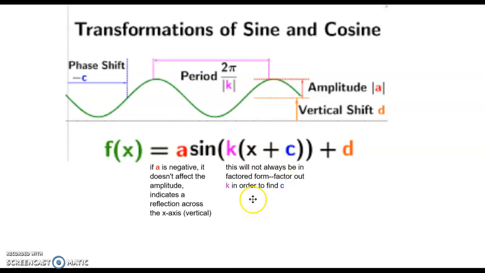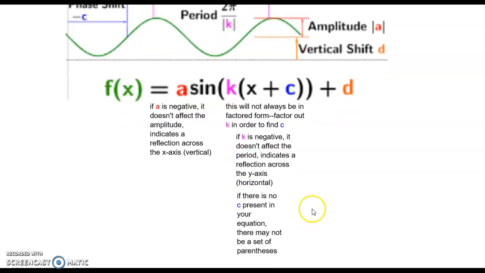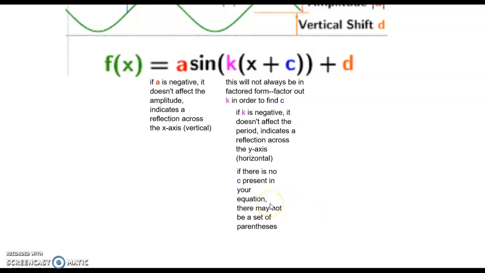Anything, again, horizontally is going to affect the x's. And remember, if your k value is negative, it doesn't mean anything other than a reflection across the y-axis or a horizontal reflection, meaning you're going to negate all of your x values. But if there's no c value present, sometimes you won't see a set of parentheses. So if you're not adding or subtracting anything, then you won't always see a set of parentheses.